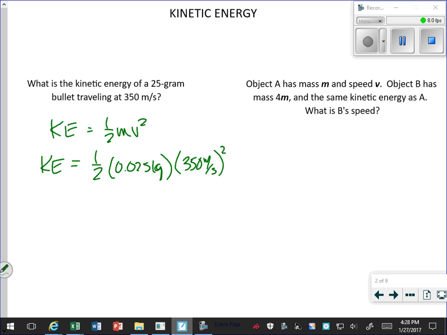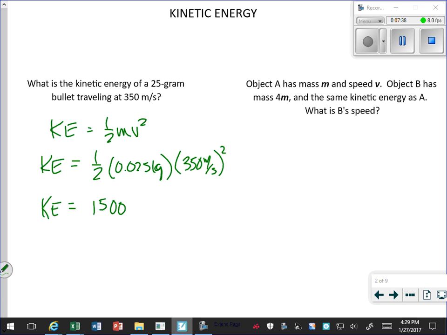Square that and you get what you get. I'm not real concerned about it, but if you're sitting on the edge of your seat, 0.5 times 0.025 times 350 squared equals about 1,500. I am rounding, yes.